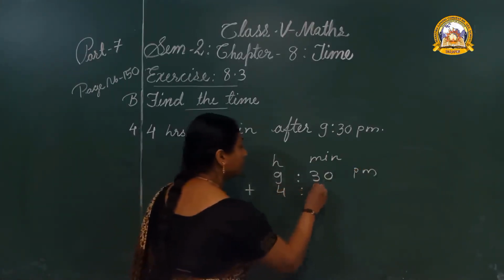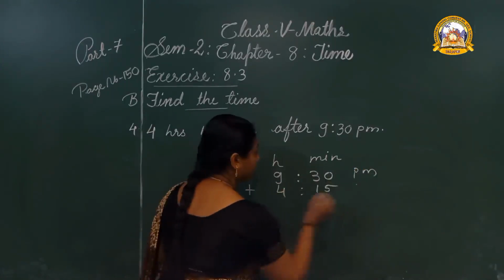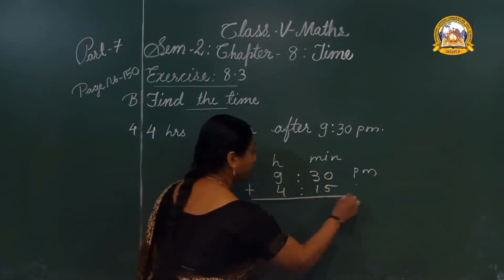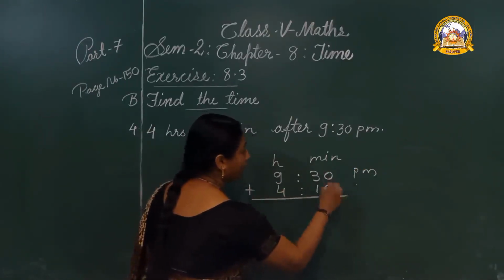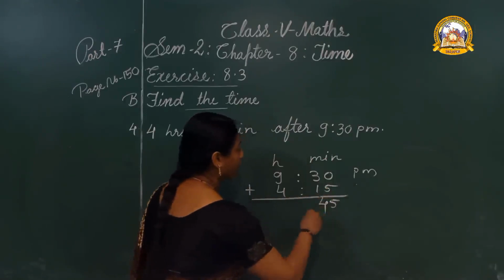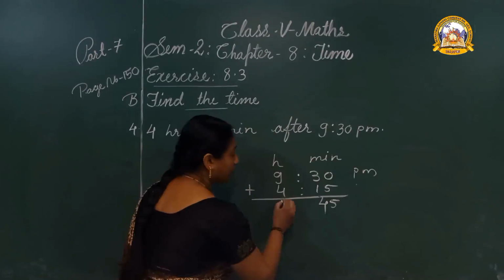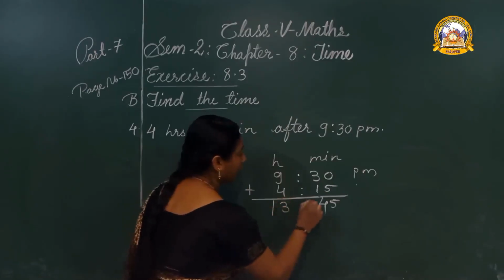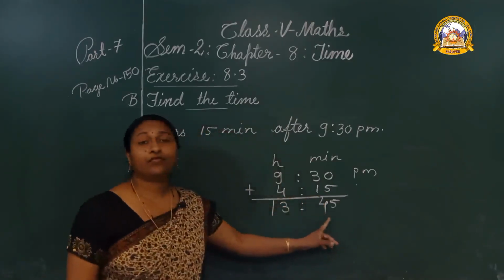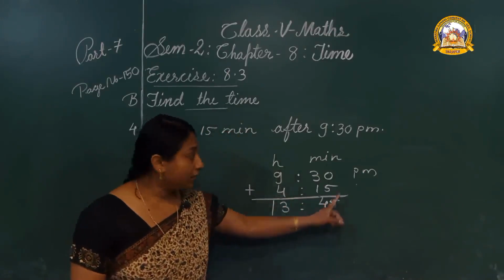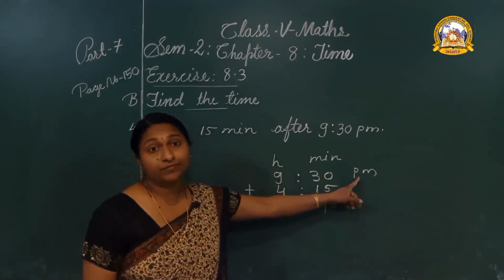Okay, and 5 plus 0, 5. 3 plus 1, 4. 9 plus 4, 13. Okay, 13:45. Here it was PM.